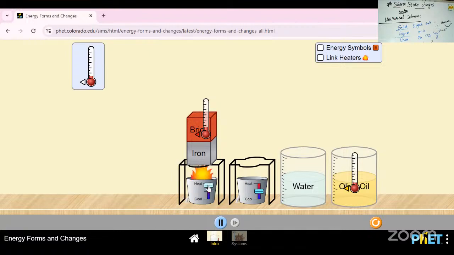How the heat is transferred from one place to another. How the heat level, that is the temperature level, is increased. Very slow because there are two particles. One is brick, another one is iron.